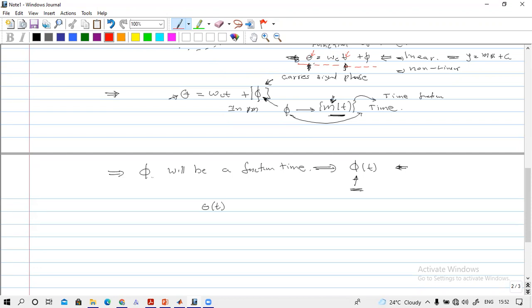But what happened in phase modulation? It is again varying with time, and this phi is also varying with time. So this becomes a function of a function of time.